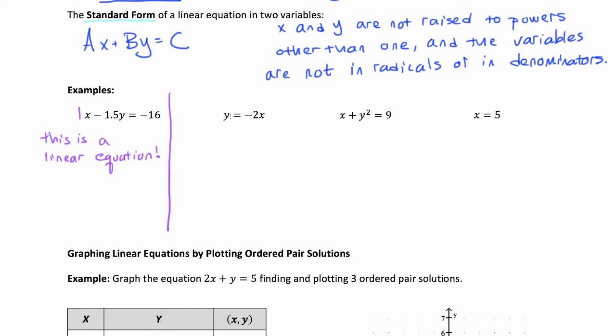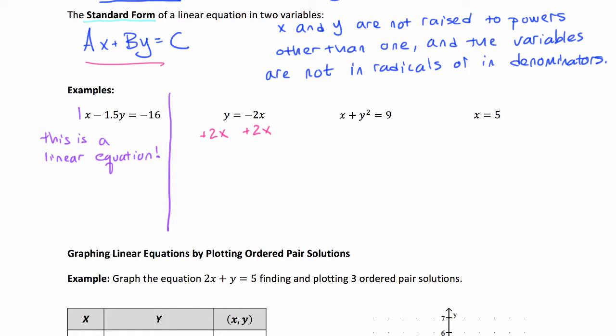If I want to get all my variables on one side, and this is going to use a lot of the stuff from, I believe, 2.5, where you're solving things for different unknowns, but now instead of trying to get something isolated, I'm trying to get all my variables to the left side. So I'm going to add 2x to both sides.